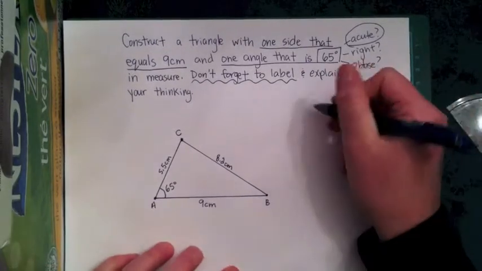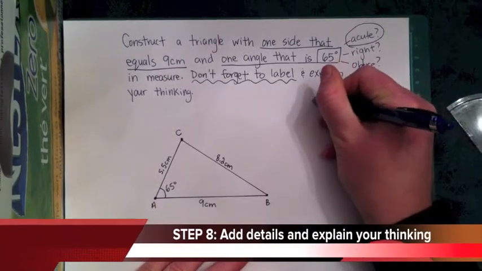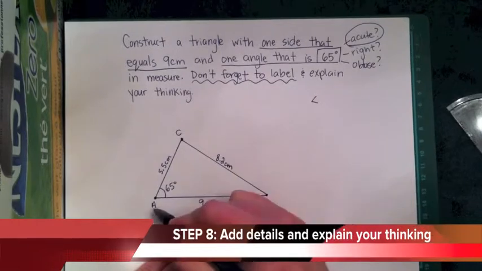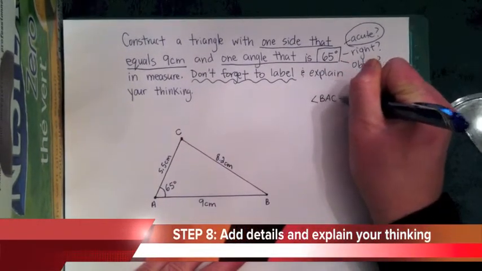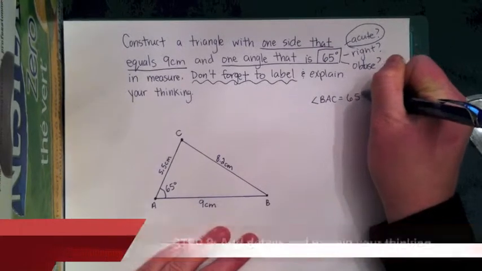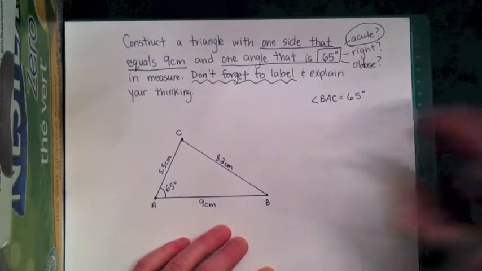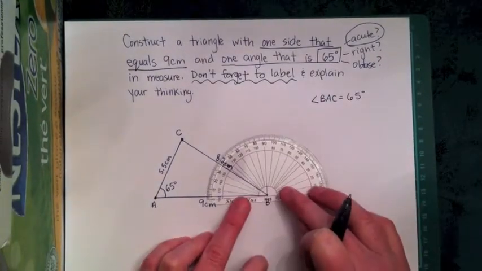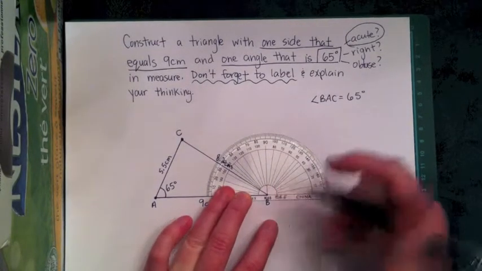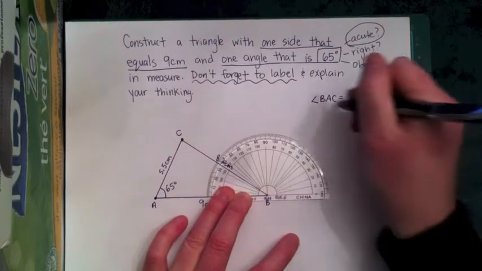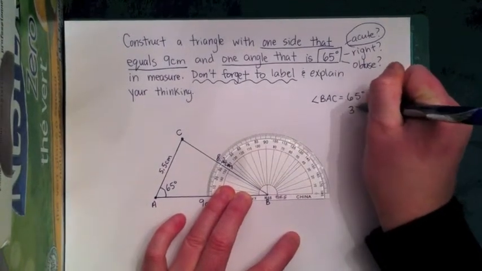So I have 65 degrees here. So I can say angle A equals 65 degrees. Then I could take this and measure this angle over here, which is 35 degrees.